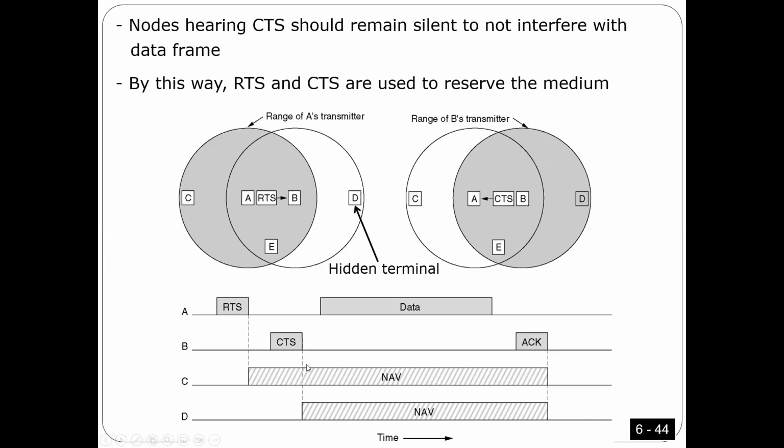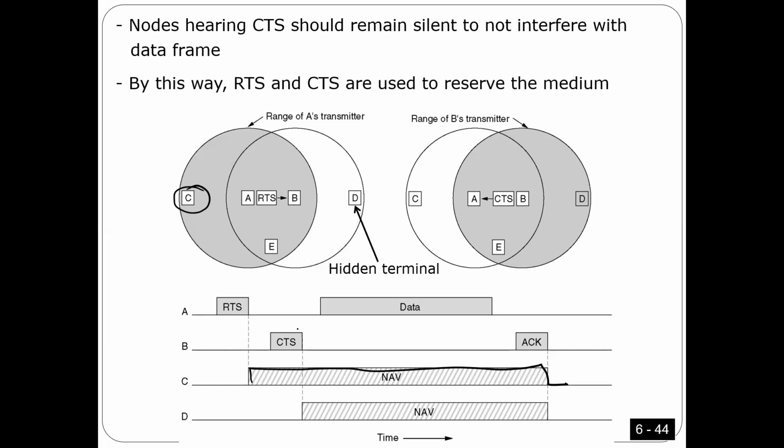As you see in this figure, A is going to transmit RTS. Then the neighbor of A, which is C here, is going to hold and wait for some time, waiting until the channel is idle.